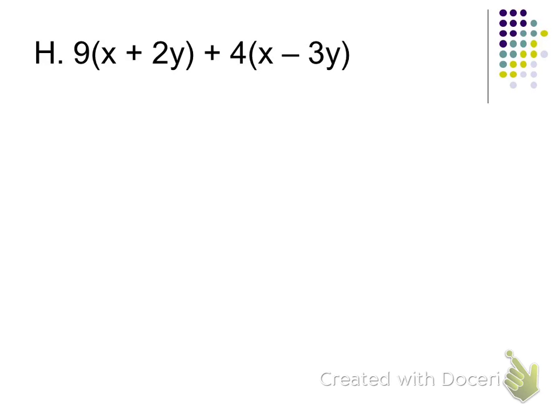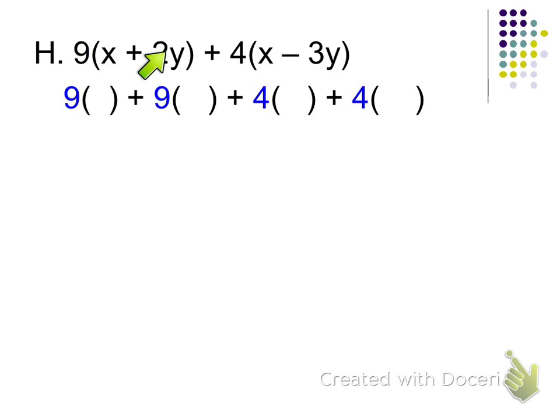Yes. Multiply. First you would do the 9 times x plus 2y, which gets you 9x plus 18y, and then you would go to the other side. Yes, so we have to distribute the 9 up front, and you can distribute the 4 in the back, and you can do it all at the same time.